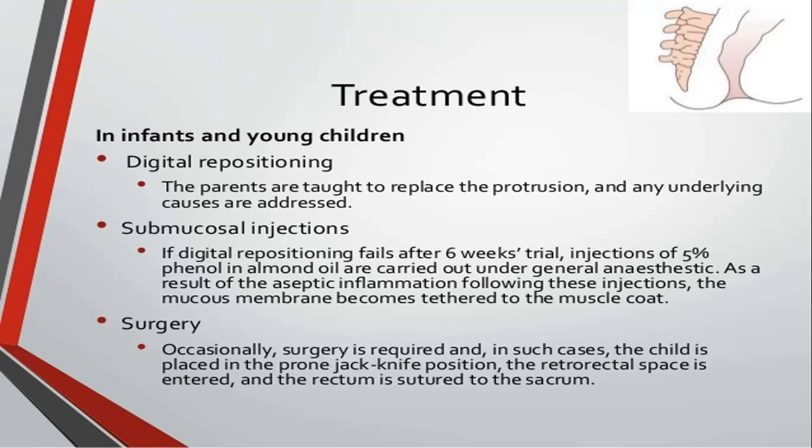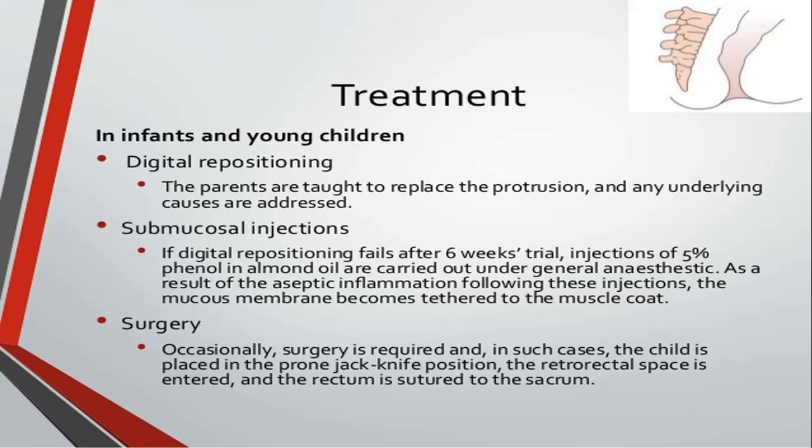This is simple. It depends upon the condition of the child, the prolapse area, and the duration, how many days the child has had this disease. So number one, you can apply digital repositioning.